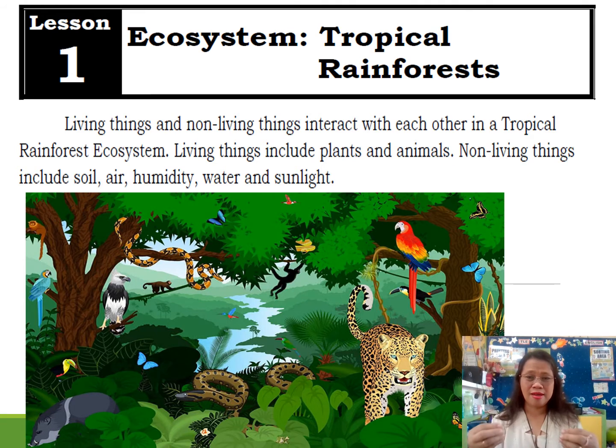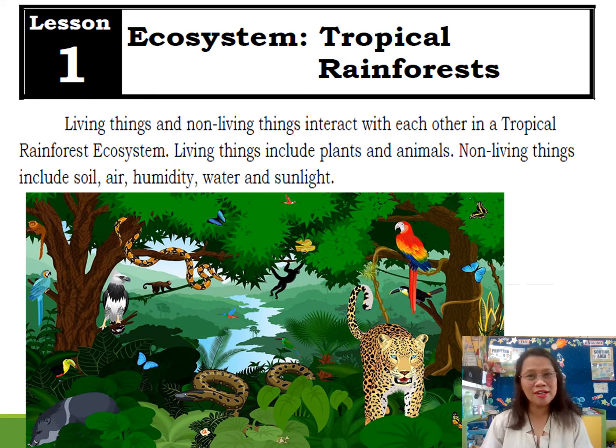They're interacting with one another. The living things are those that have life, and the non-living things are those that have no life. Living things include the plants and the animals, while non-living things include the soil, the air, the humidity, water, and sunlight.